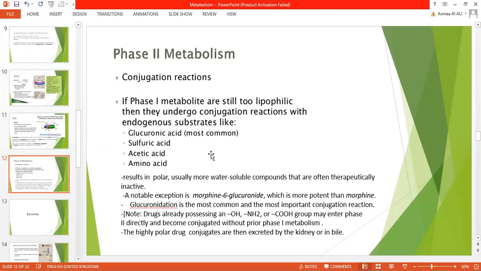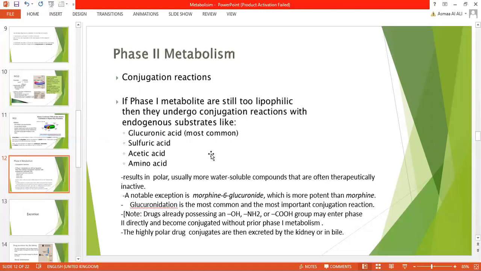An exception is morphine 6-glucuronide, which is more potent than morphine. Glucuronidation is the most common and the most important conjugation reaction.